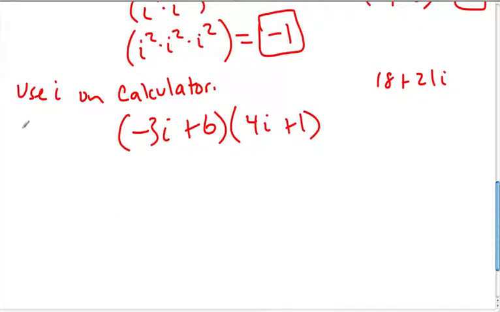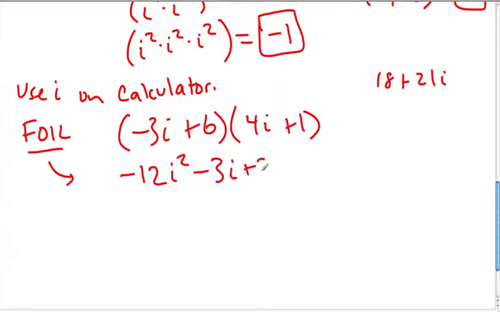Let's just FOIL. We're going to have to do FOIL. And so it means firsts. Firsts are going to be -12i squared. Outsides, -3i times 1 equals -3i. Insides, plus 24i. Lasts, plus 6.